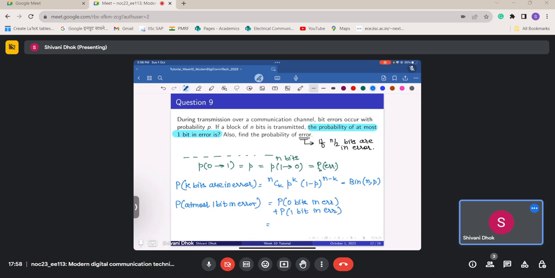For this case we have k equal to 0, and for this case we have k equal to 1, and we need to substitute that in this particular equation.